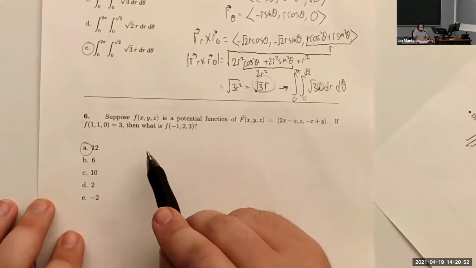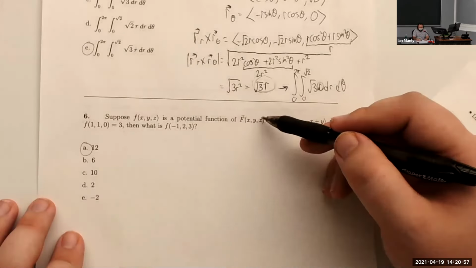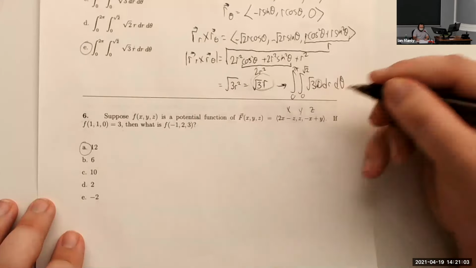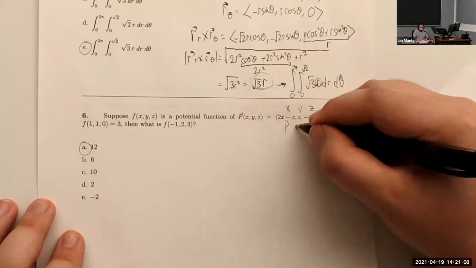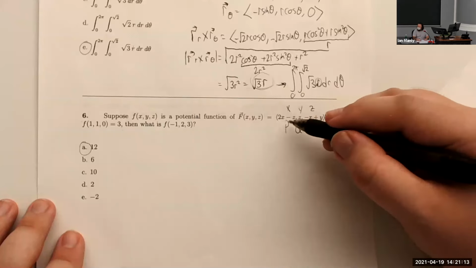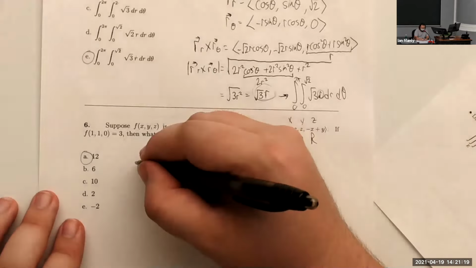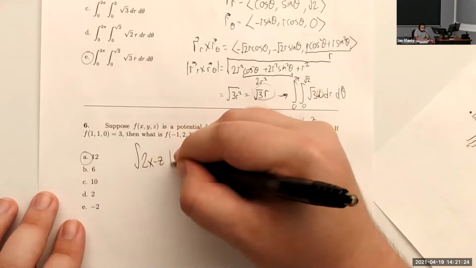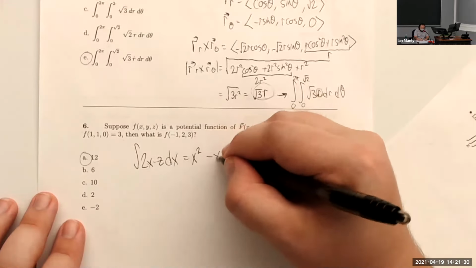All right, so let's go ahead and figure that out. So first of all, let's figure out what the potential function is for f. And remember how we do that. Remember, this is the x component, the y component, and the z component. And we call these p, q, and r. So we're going to integrate each component with respect to their matching variable right here. So I'm going to do the integral of the x component, 2x minus z dx. The integral of this will be x squared minus xz.